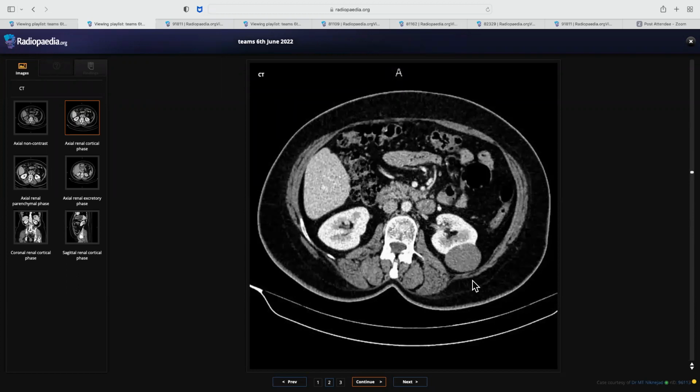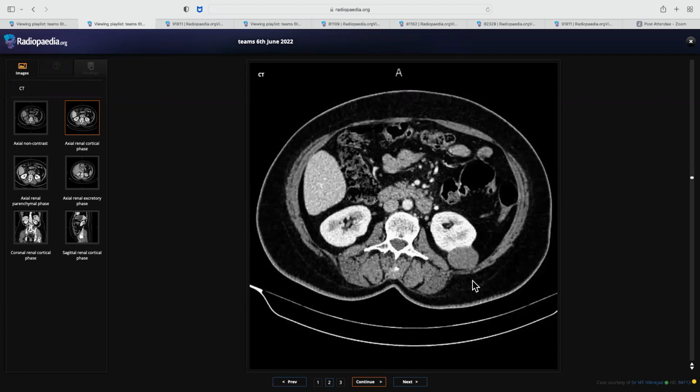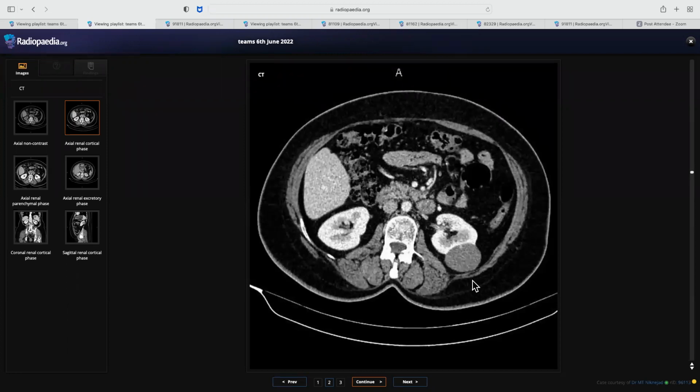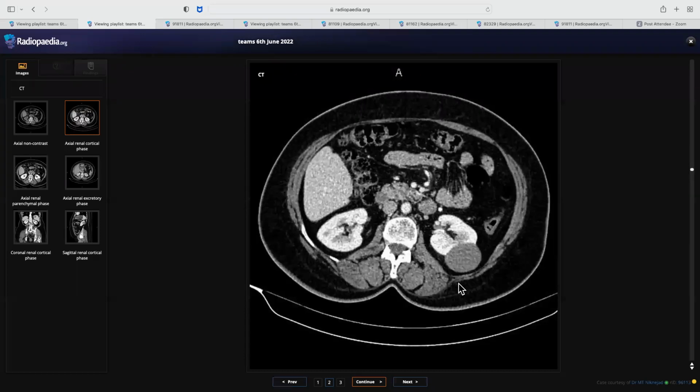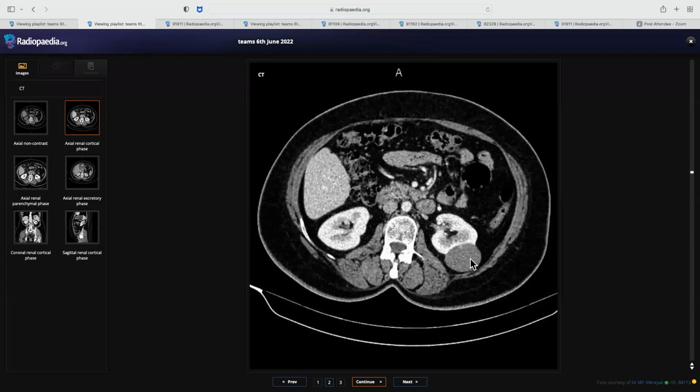I think this is Bosniak 4, because of the small enhancing soft tissue nodule. How do you manage this Bosniak type 4 cyst? Bosniak type 4 cysts are suspicious cysts and need to be referred to the urology team for biopsy, metastatic workup and excision.